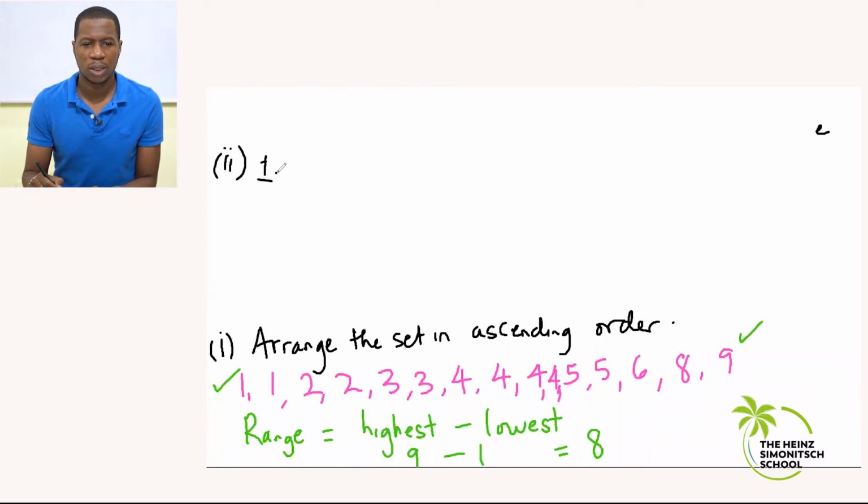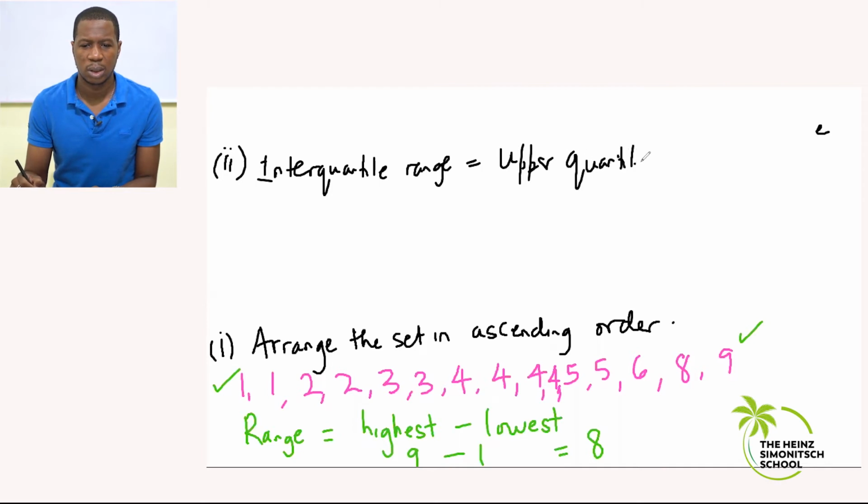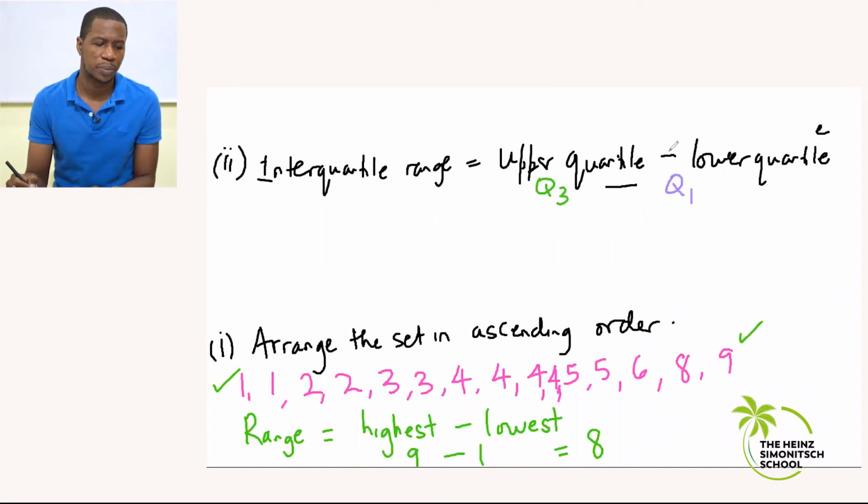So the interquartile range is basically the upper quartile minus the lower quartile, which is pretty much Q3 minus Q1.